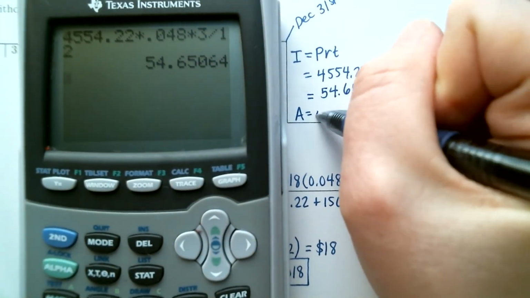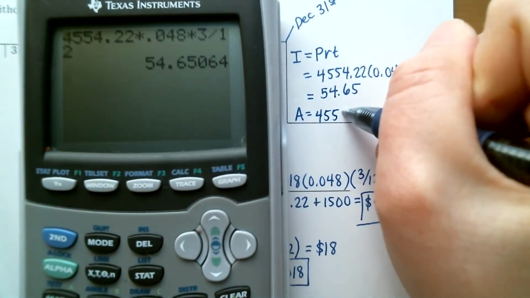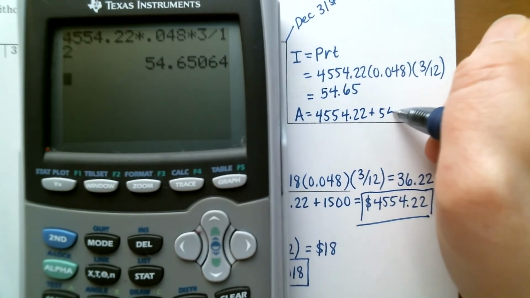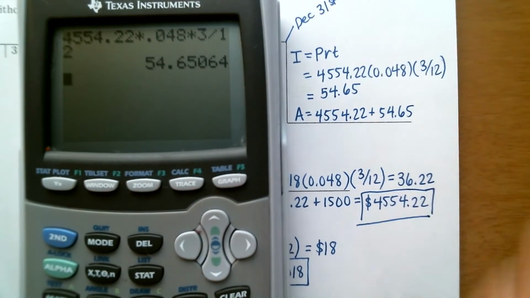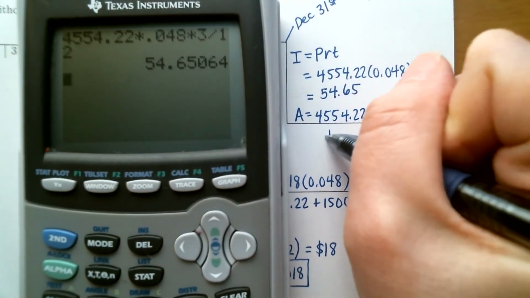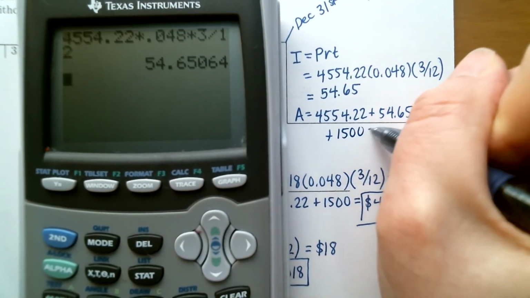So then to get your account balance, you need to take what you started with, the $4,554.22. You need to add the interest that was accrued in the fourth quarter, which is the $54.65. And even though this is the last day of the year, it is the end of the quarter. So theoretically, you're supposed to tack on another $1,500.